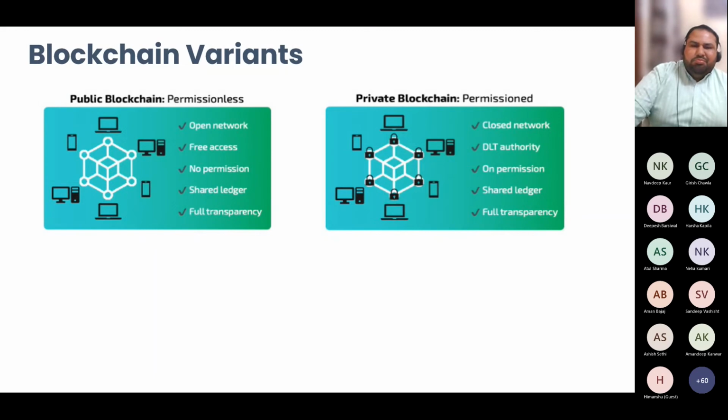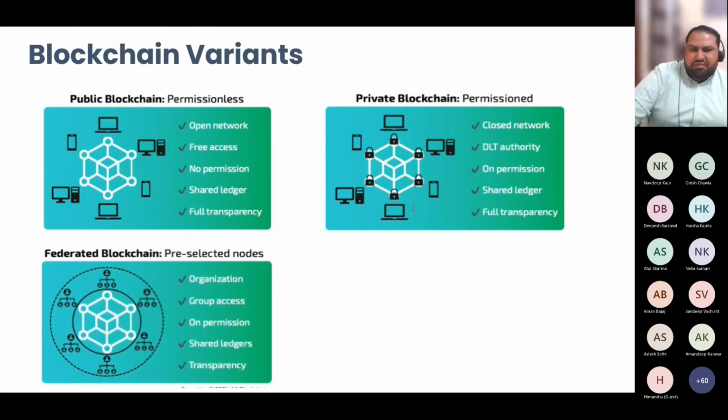These blockchains operate in a closed network, and few people are authorized to participate in a network within an organization. For private blockchain, you can consider an intranet as an example, while public blockchains are more like the internet, which is open to all.